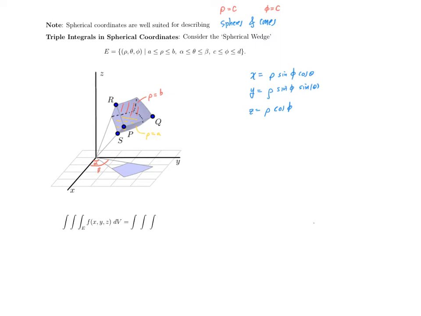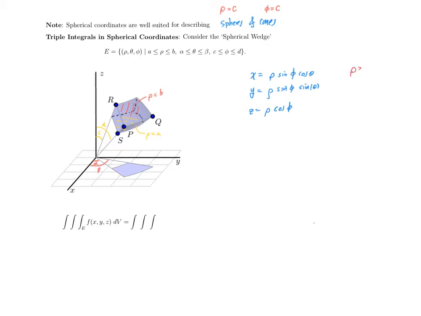And then remember the phi value measures a similar thing, but it's an angle coming down from the positive z-axis. So we can see our phi values as being phi equals c, the smaller angle, and then phi equals d for the larger angle. And it's also worth noting our standard restrictions.